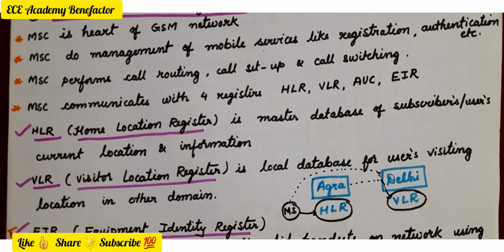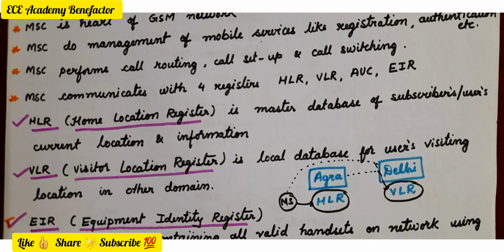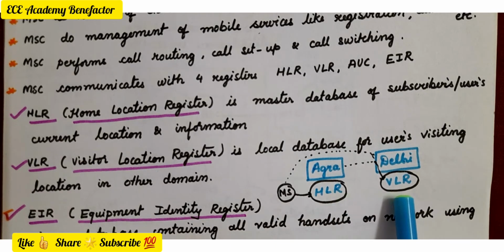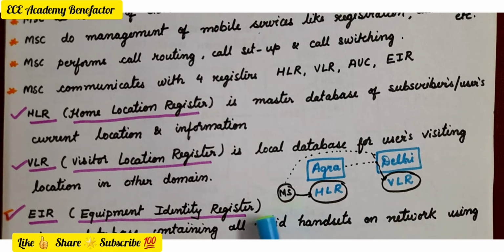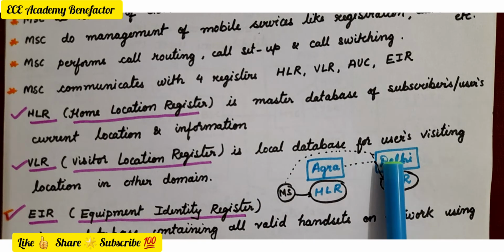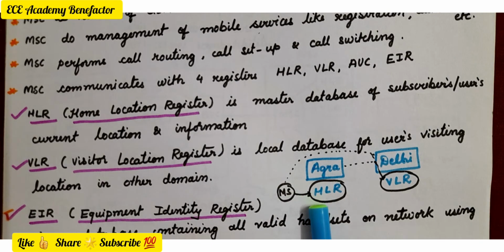VLR is Visitor Location Register. It is a local database for the users visiting a location in another domain. In the previous video class, I have explained about HLR and VLR. That is, when the mobile station or the user is moving from one place, let us say from Agra to Delhi, the mobile station information will be stored with HLR. So HLR becomes the master database which is storing the information of this user.